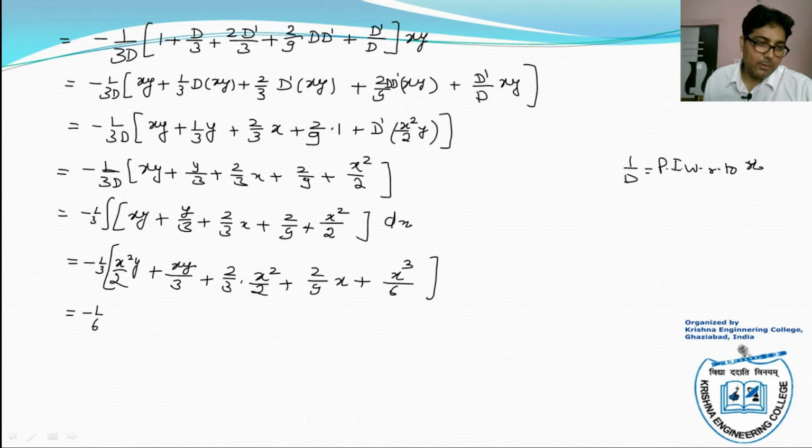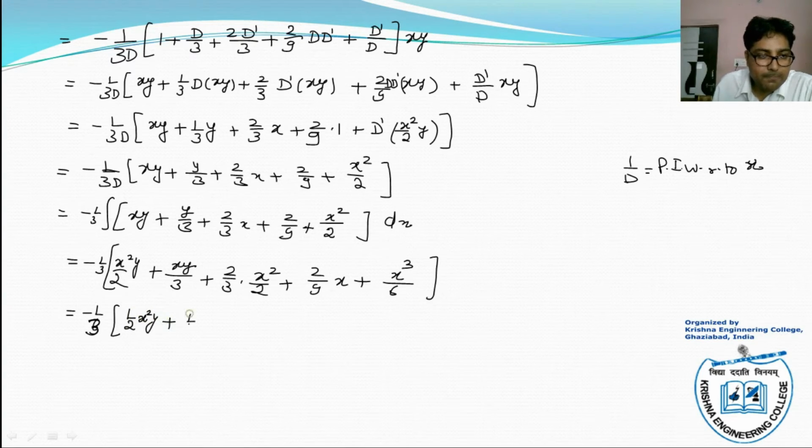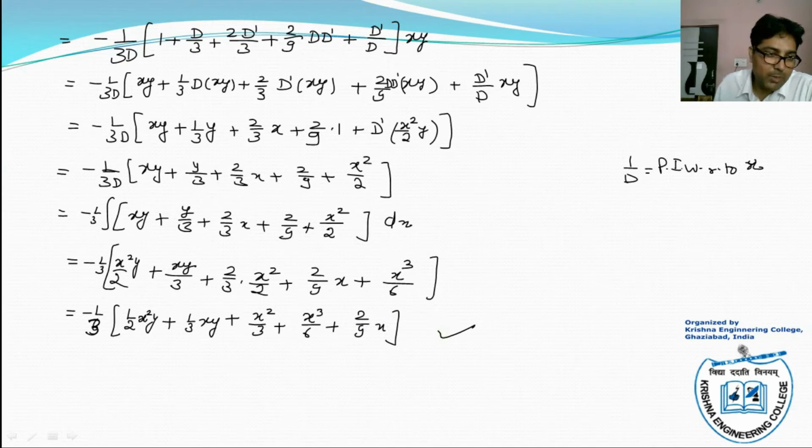This is minus 1 by 3 [1/2 x square y plus 1/3 xy plus x square by 3 plus x cube by 6 plus 2y]. This is the required PI. So the complete solution is z is equal to CF plus PI.